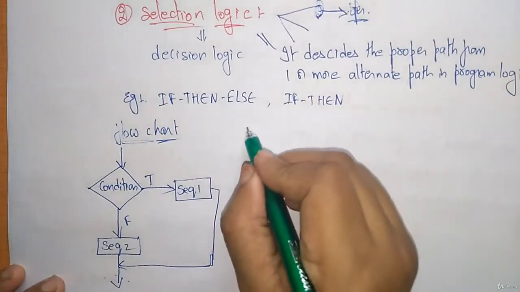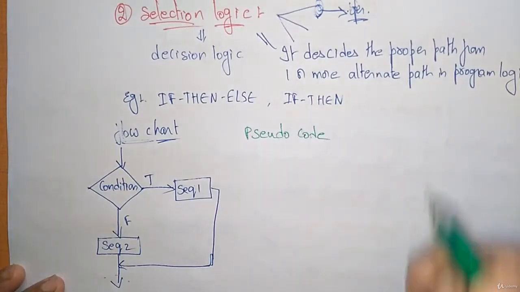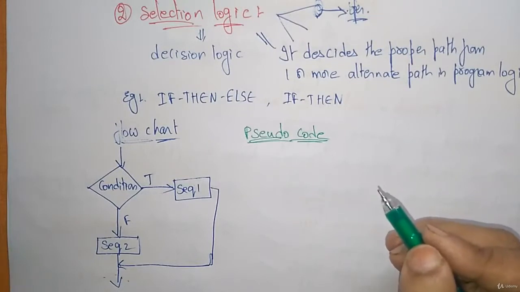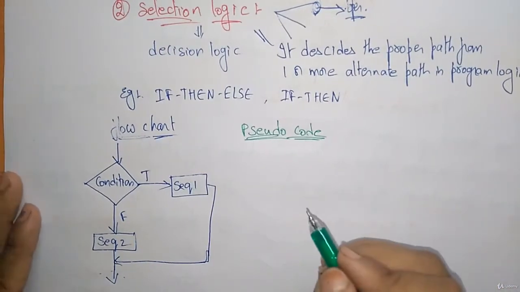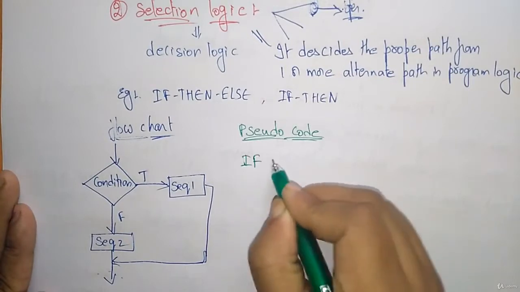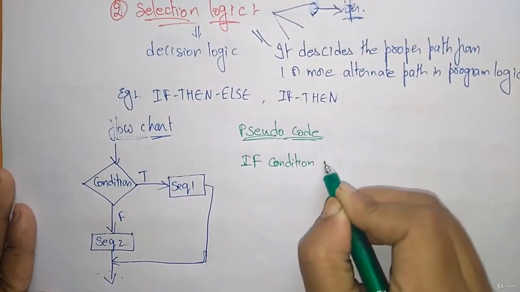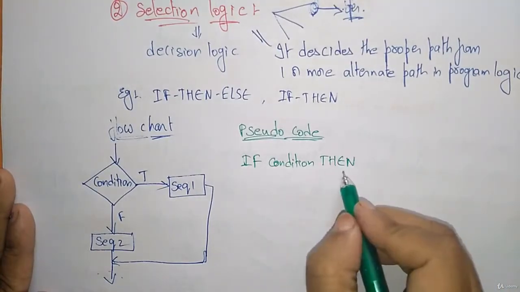Now how do we represent it in the form of pseudocode? The main thing in pseudocode is that the keywords should be represented in capital letters. That is important. So the keywords IF, CONDITION, THEN should be in capital letters.